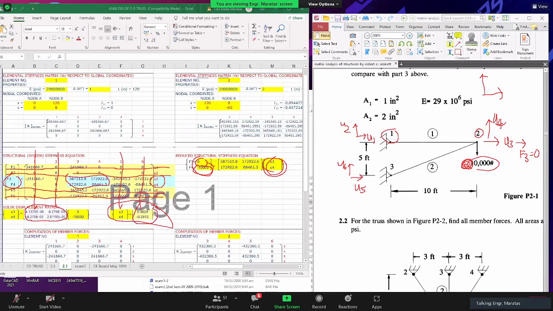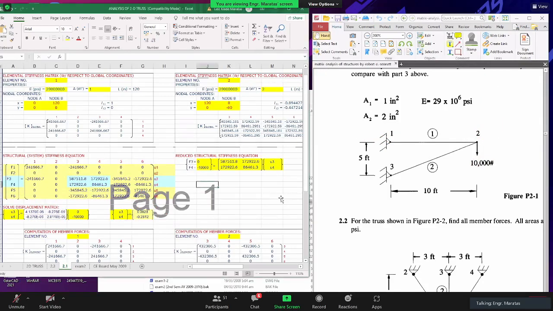So F times the inverse, or inverse times F, is your result. So once you have this, you can solve the member forces too, no? This is how to solve the member forces.